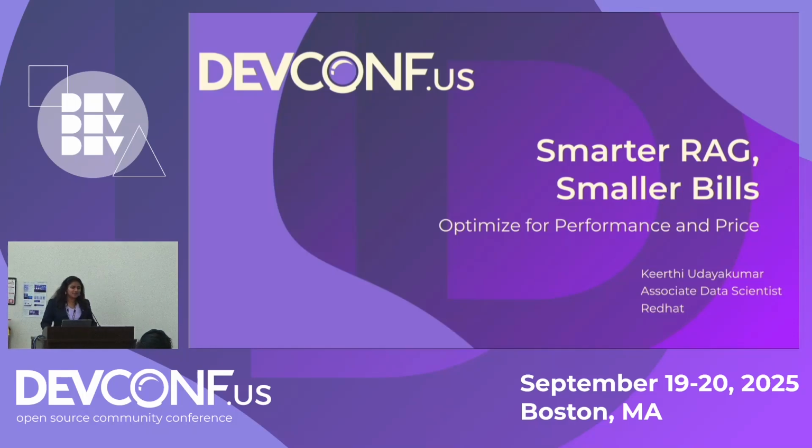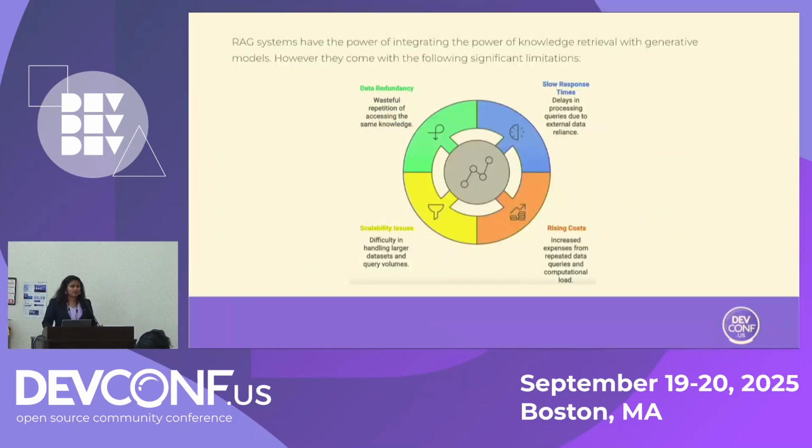I'm going to present on the topic of smarter RAG, smaller bills, so we can optimize for performance and price. Before we get into it, we have all used RAGs. It has been the most cost efficient compared to other LangChain and other kinds of generative AI applications.